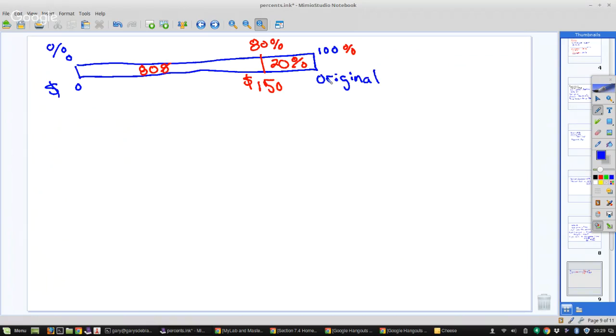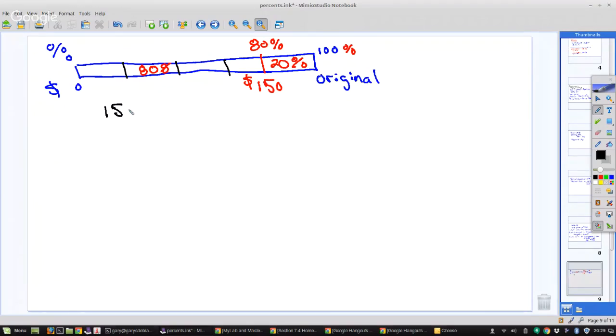Now 20 works out kind of nice in this case because I can say, well, let's just keep chopping this up in chunks of 20%, right? 20, 40, 60, 80% right there. So there's 4 chunks that are going to give me $150. And so one more chunk gives me the extra. So I just have to figure out, well, what is a chunk worth here if 150 lies there? Well, that's pretty simple.